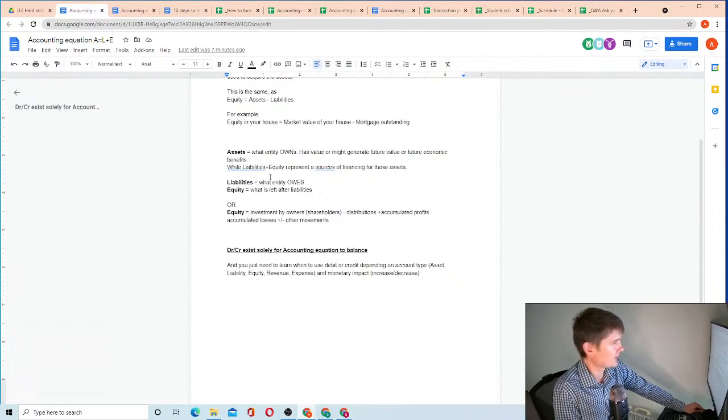And a liability at the same time is something that you owe based on some contract, even if it's an oral or written contract, something that you owe usually to a third party. There can also be a liability to the owner, depending on the legal agreement which you have.